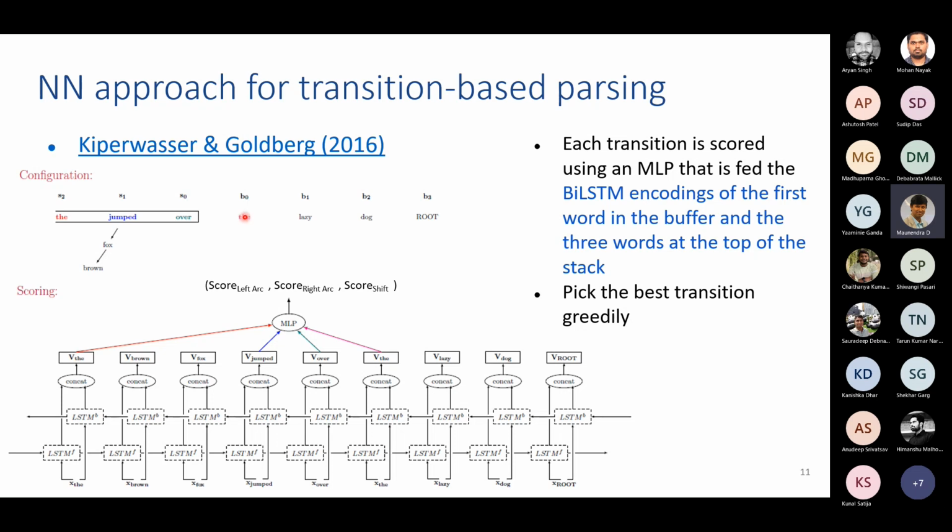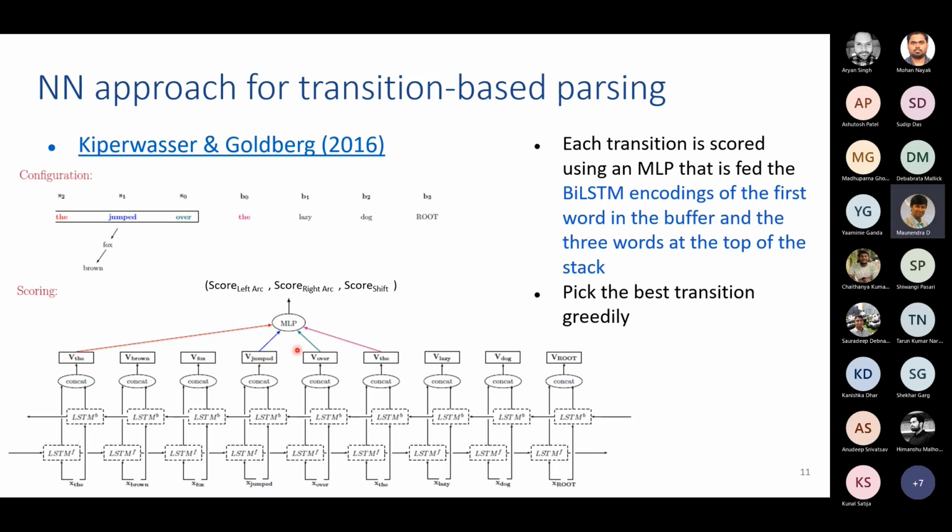So based on the current word and based on the stack, we need to predict the action. This current word's representation comes as an input, and the last three from the stack they take: over, jumped, and the.